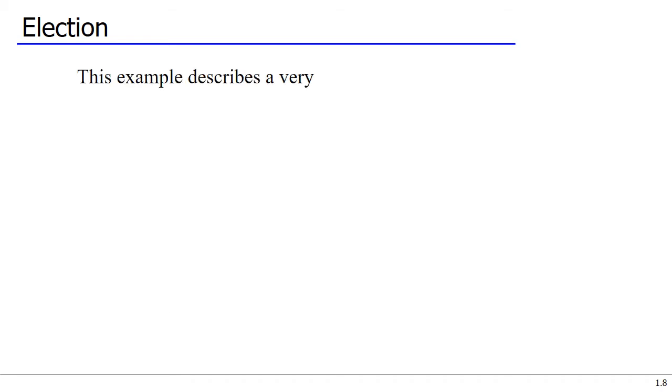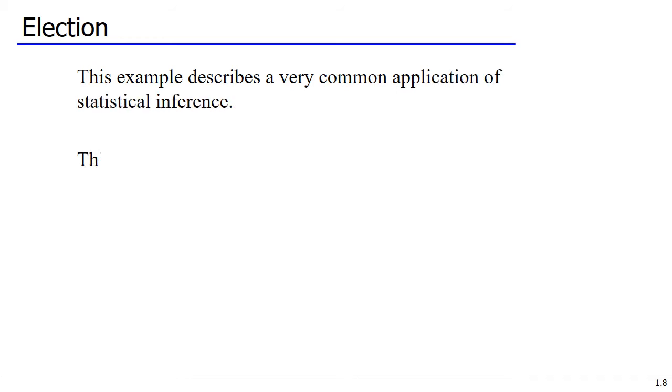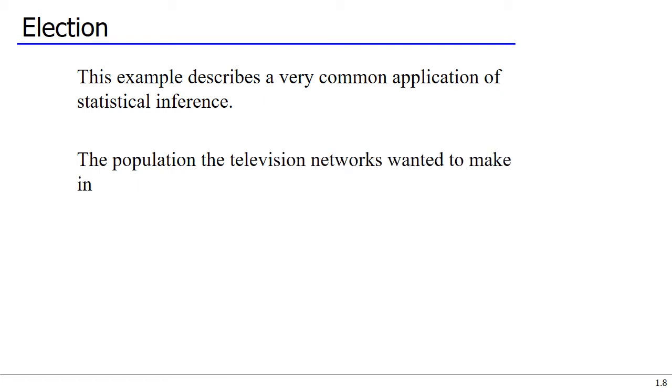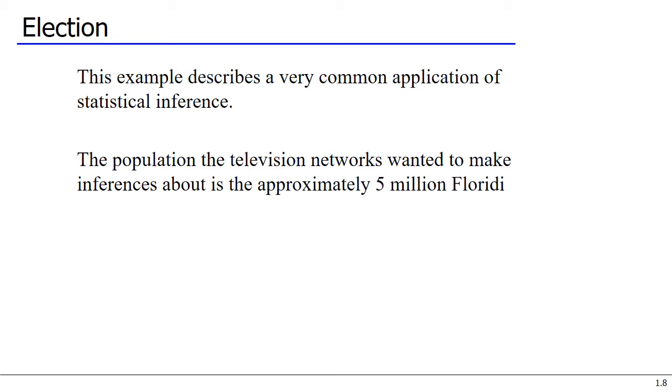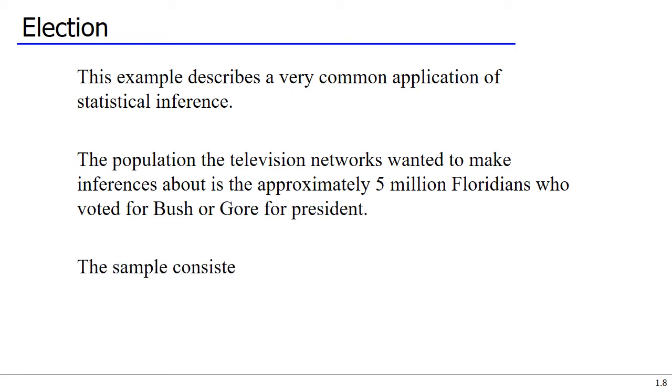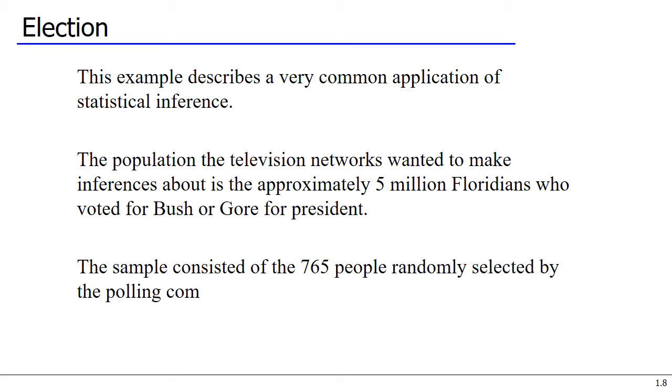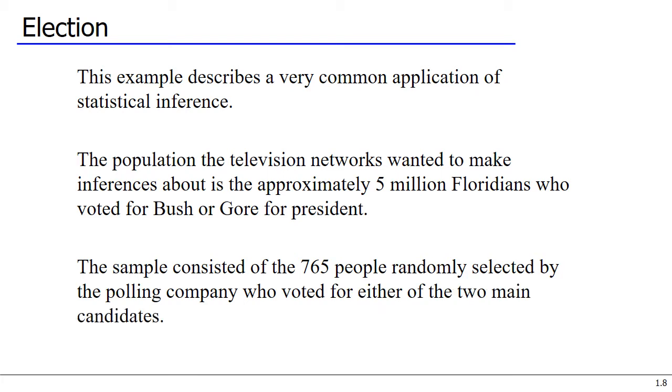This example describes a very common application of statistical inference. The population the television network wanted to make inferences about is the approximately 5 million Floridians who voted for Bush or Gore for president. The sample consisted of 765 people randomly selected by the polling company who voted for either of the two main candidates.